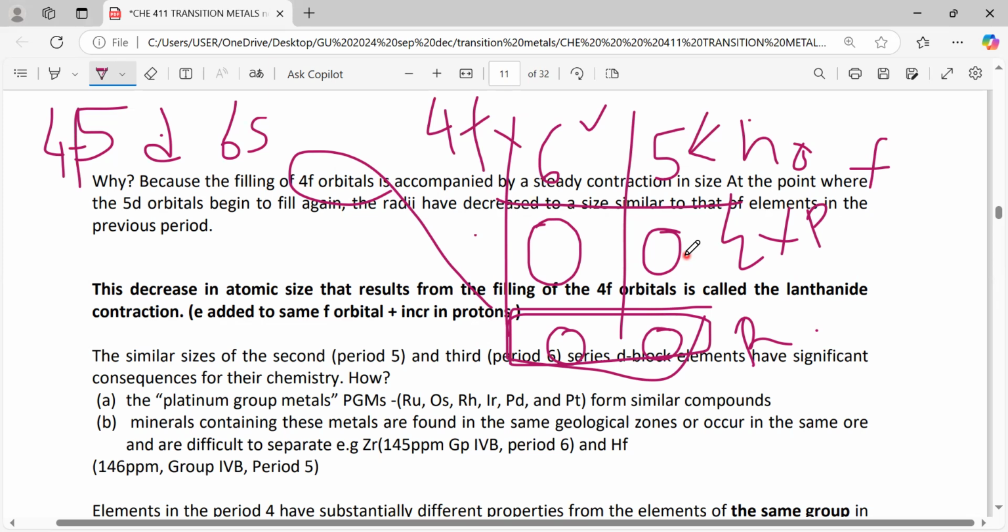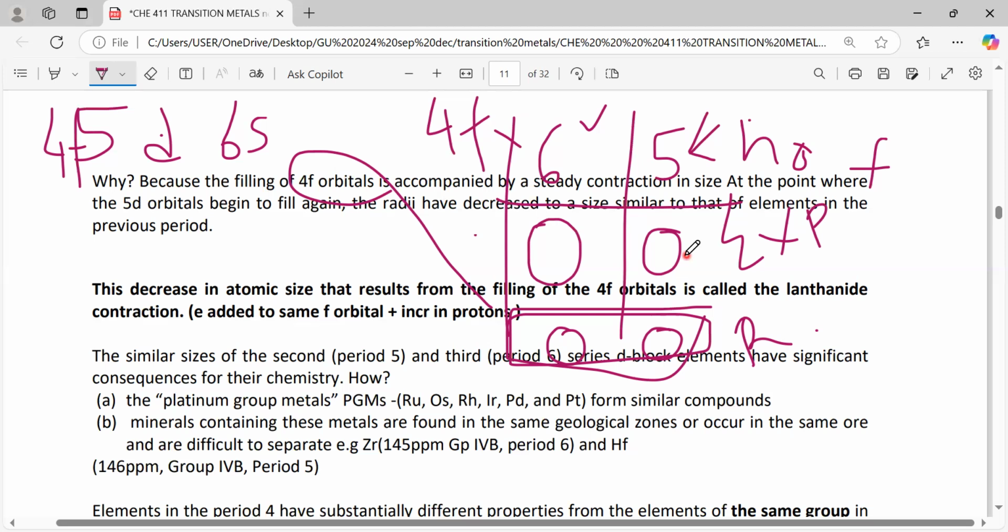During the filling of the 4f orbitals, the atom contracts steadily, contracts and contracts until the size is so small, that by the time you start filling the 5d orbitals, the radius has decreased almost to the size of elements in the previous period, which is period 5.